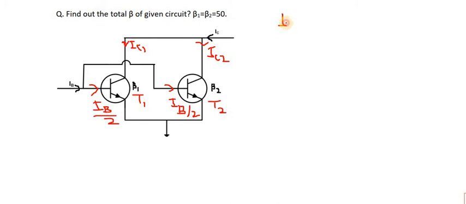Now we know one very standard relationship between collector and base current. IC is equal to beta times IB, where IB is the base current.